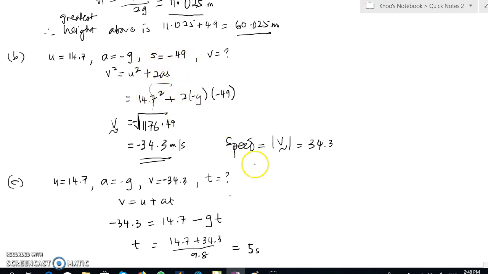And it will work out to be the same thing. The reason why I'm not using it is because if you're using s equals ut plus half at squared, then you have a quadratic equation to deal with. So using the velocity equation is a lot easier, saves you all the trouble.